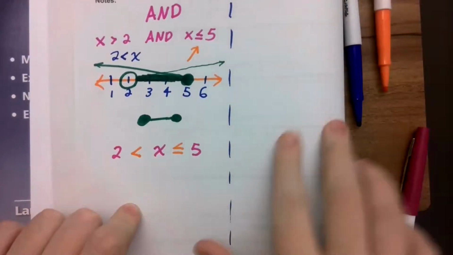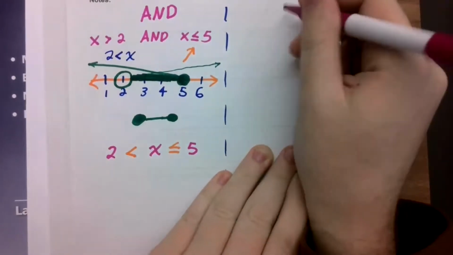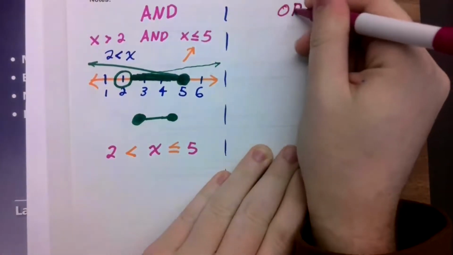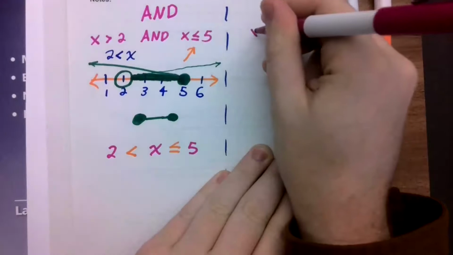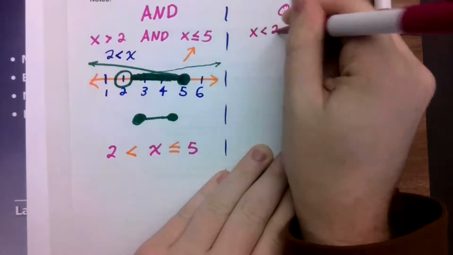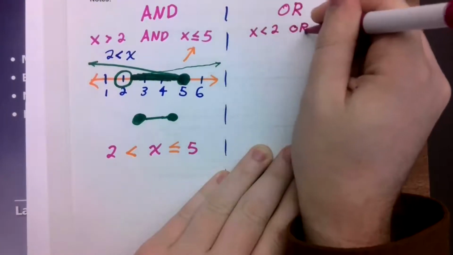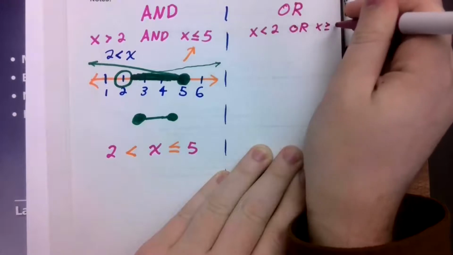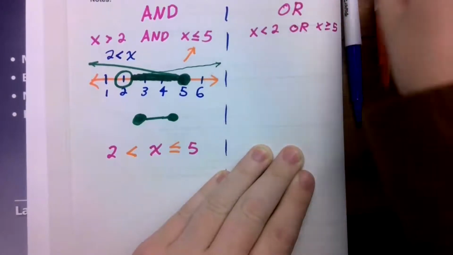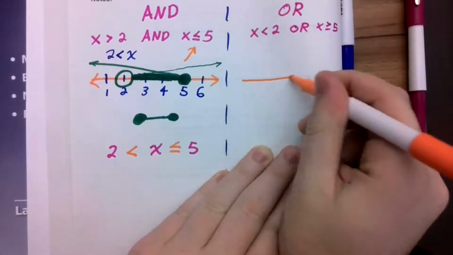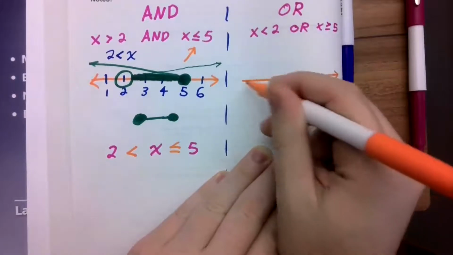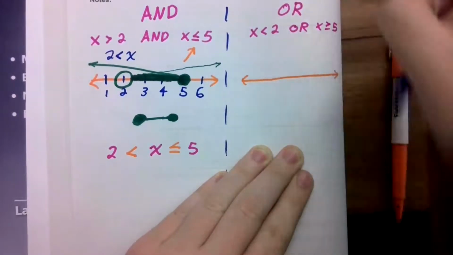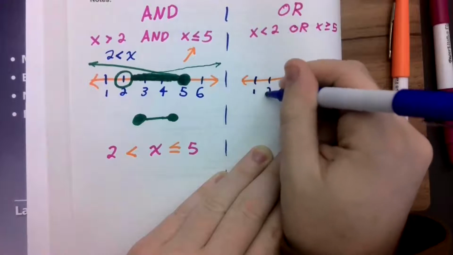Don't worry, the "or" statement is a little more simple. Let's look at the "or" statement. If I told you that x is less than 2 or x is greater than or equal to 5, this is going to look very similar but different to the last one. We've got to think, did our endpoints change?